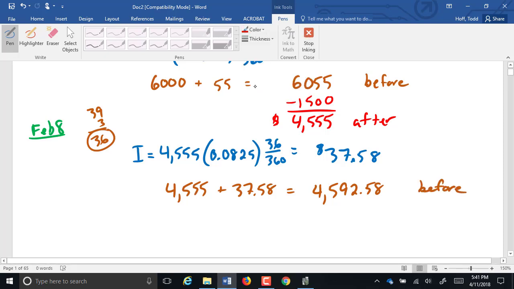Then what? Subtract the $2,000 payment. $2,592.58 is our balance after the payment. What's next?